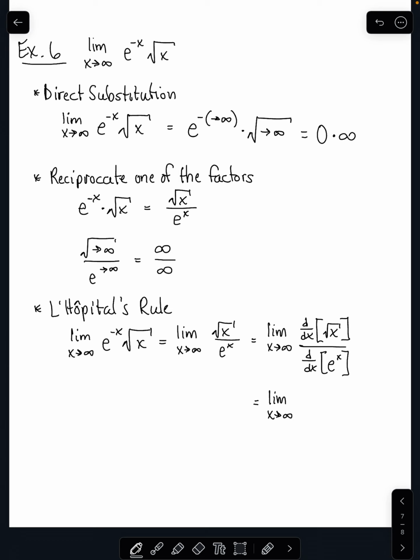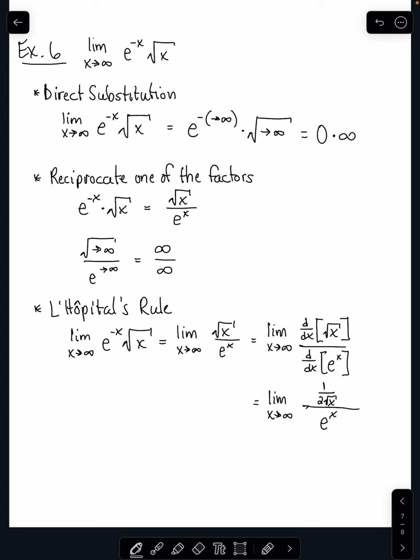The derivative of the square root of x is 1 over 2 times the square root of x, while the derivative of e to the x is e to the x.